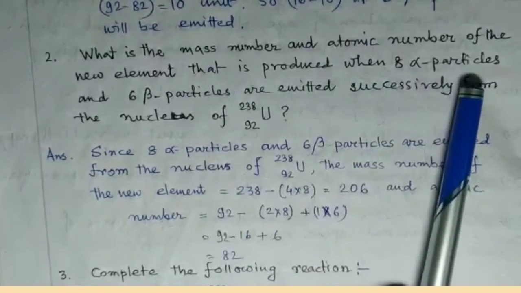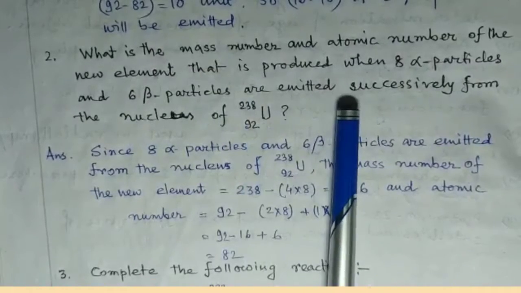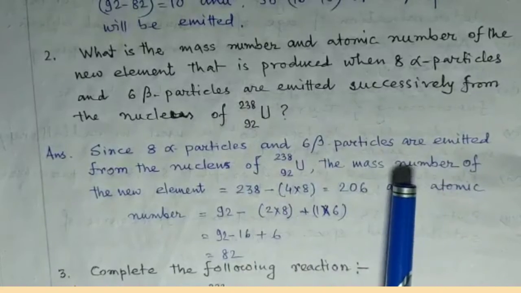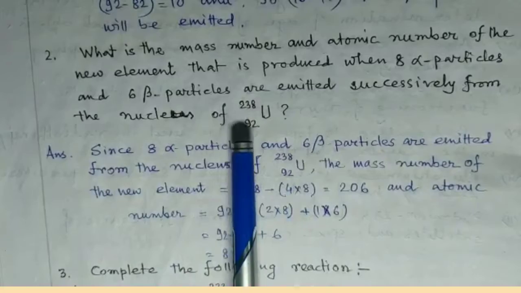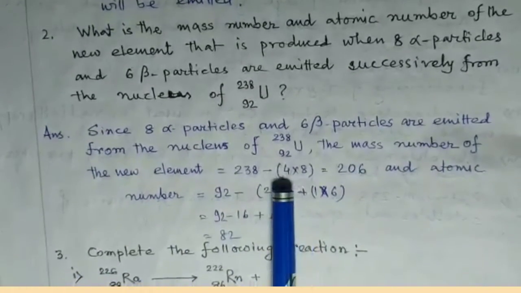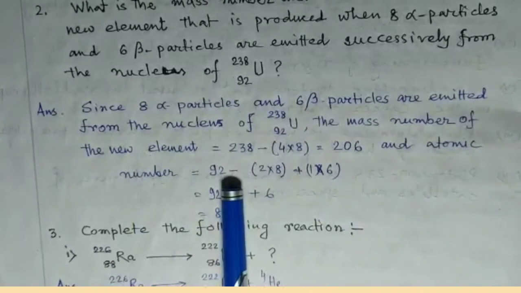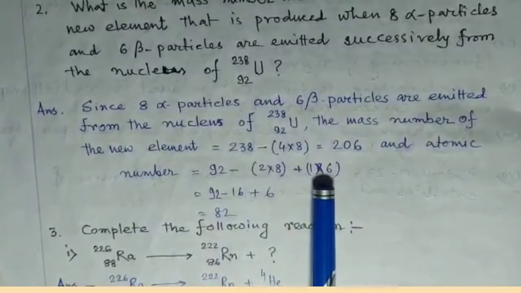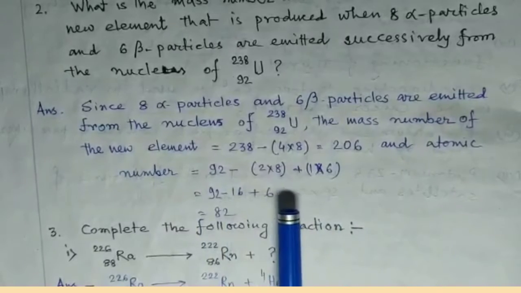Since 8 alpha particles and 6 beta particles are emitted successively from this nucleus, the mass number of the new element is 238 minus 4 into 8, that is 32, that is 206, and the atomic number is 92 minus 8 into 2 plus 1 into 6, that is 92 minus 16 plus 6.